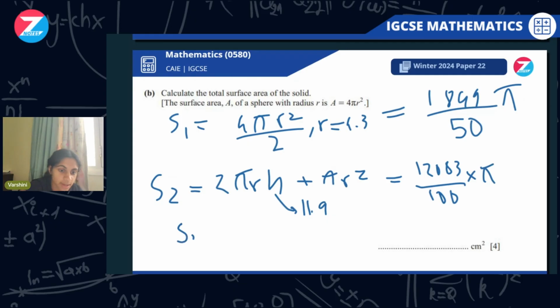Now we just do S2 plus S1. You can add these two fractions and then multiply with pi, or you can just add the whole thing. I think it's better to just add the whole thing.